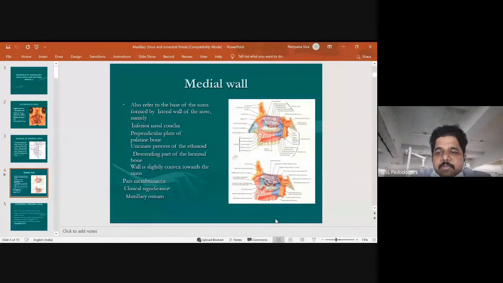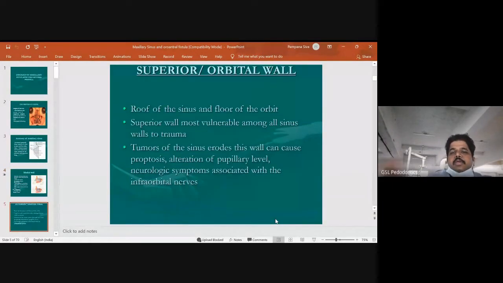This procedure is mostly done whenever you are operating on any pathology related to your maxillary sinus. You create an additional opening into the maxillary sinus through the inferior nasal concha, so that all the contents present within the maxillary sinus will be emptied out through this additional opening.